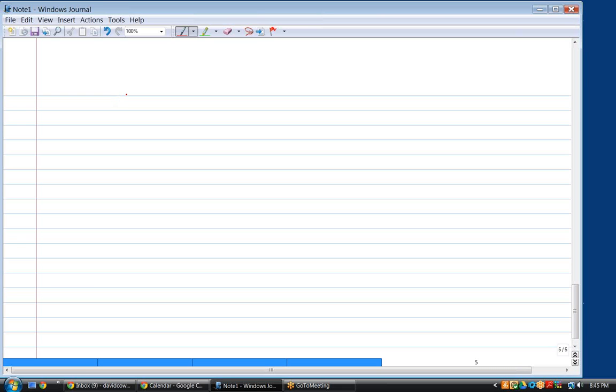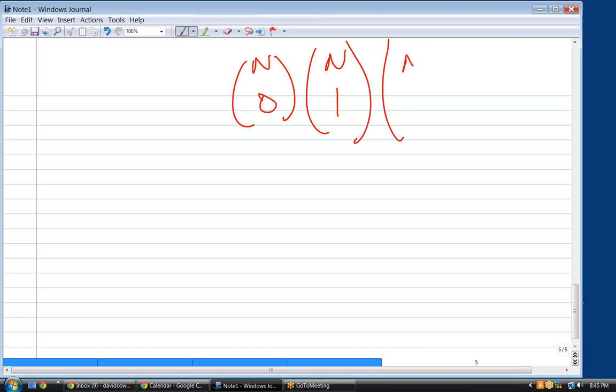Okay. So, like, here, let's see, one of the problems. Notice that when we were using the binomial theorem, it's n over 0, and n over 1, and n over 2. That's the first row of Pascal's triangle.